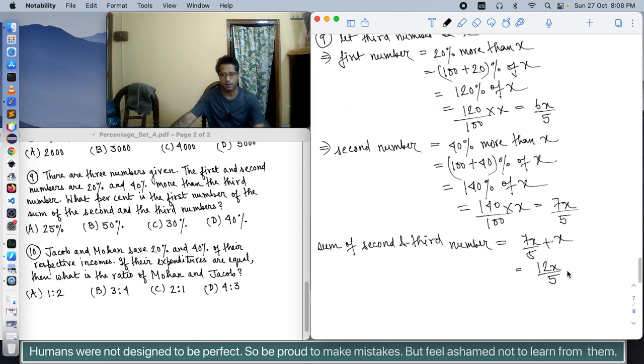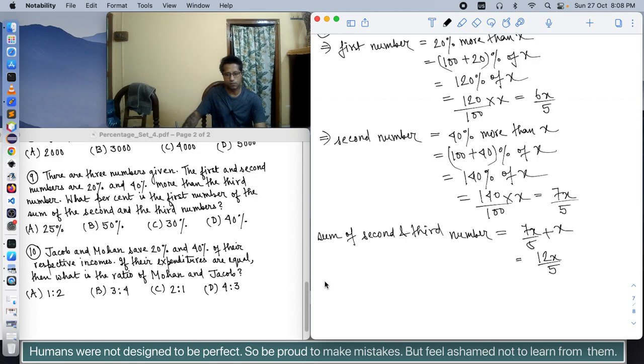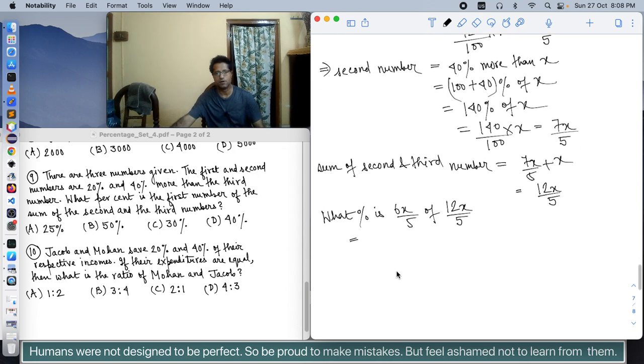So we have to now compute what percent is the first number, which is 6x by 5, of the sum of the second and third number, that is 12x by 5. So we have to find what percentage is 6x by 5 of 12x by 5.